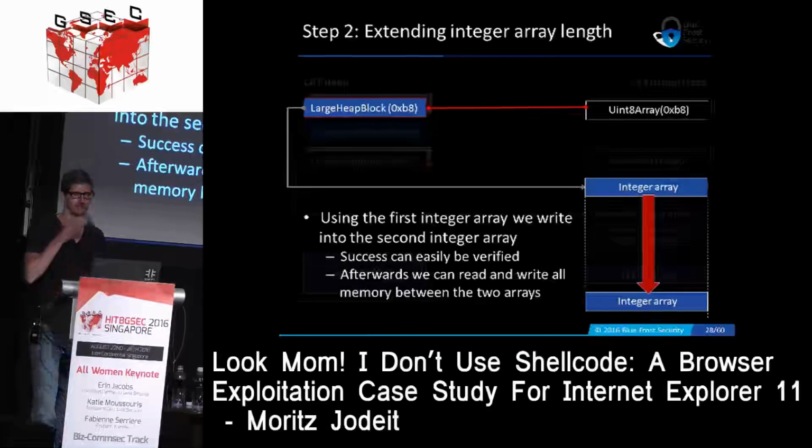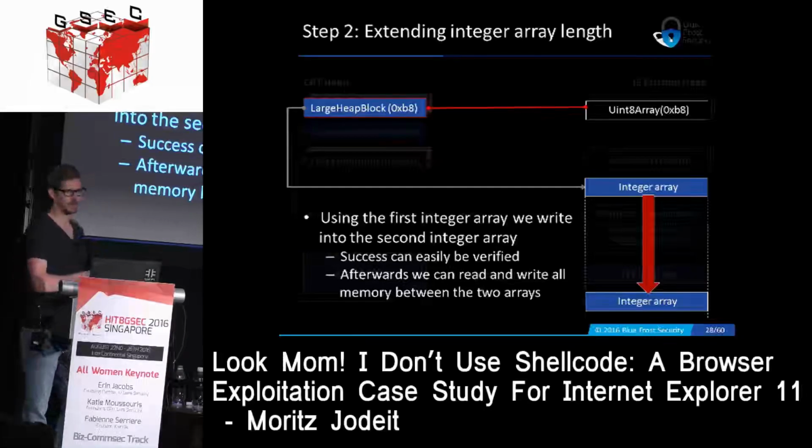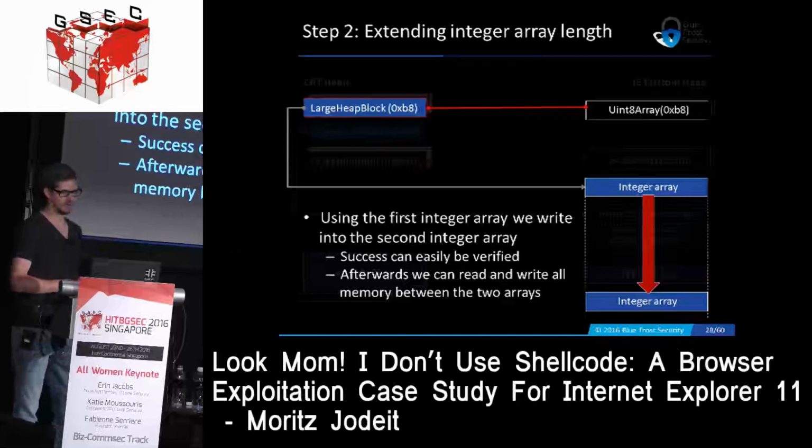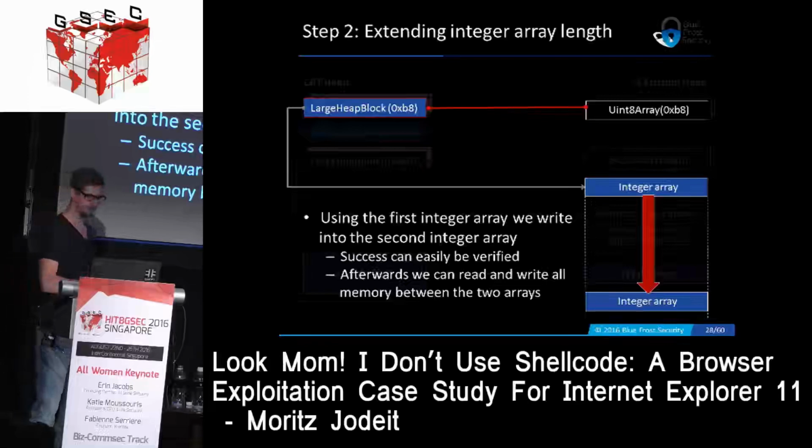So the second step is actually to do exactly this. So we are using the first integer array where we overwrote the size field, and we write to a really high index. And now you see why we chose to use this memory layout, because we are writing to the first element of the second integer array.